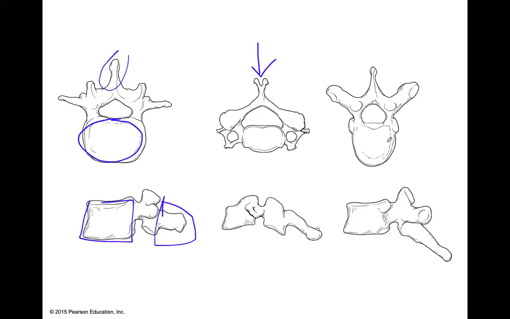On a thoracic vertebra, the transverse processes angle up, whereas the spinous process is long and slender, and angles down. But the spinous processes on a thoracic vertebra are much, much longer than those of a cervical vertebra. Okay.